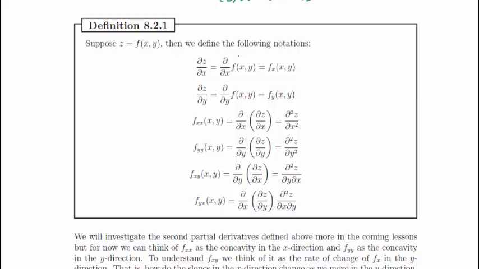So it's important to note the difference between the partial of z with respect to x versus the partial with respect to x of z. The first is the partial derivative.